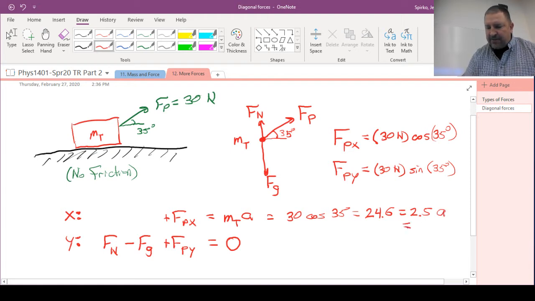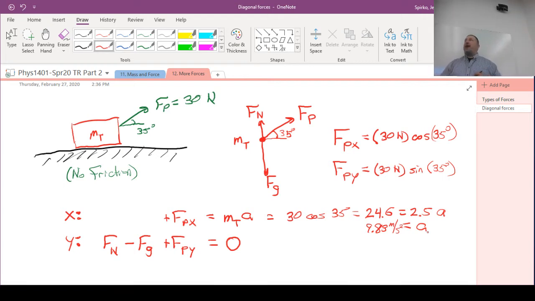So then we can divide both sides by 2.5, both sides of this little equation, and get 9.83 is a. So this thing is going to accelerate sideways faster than the force of gravity would do it by itself.